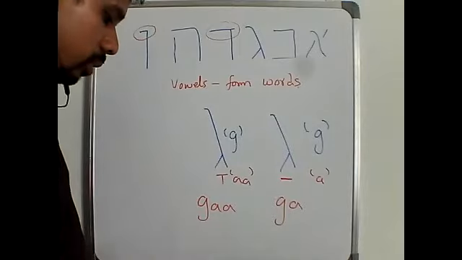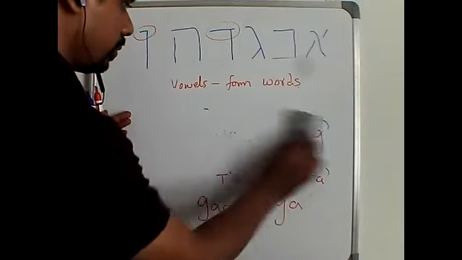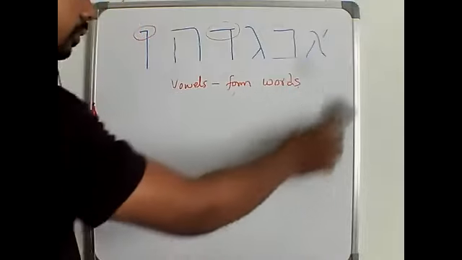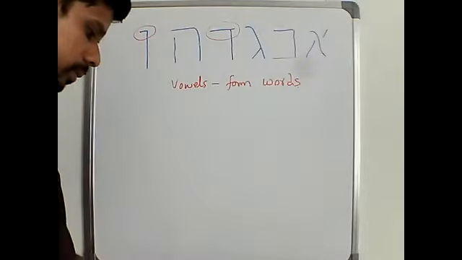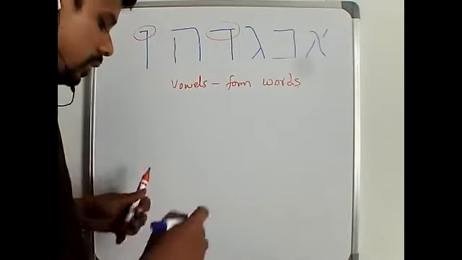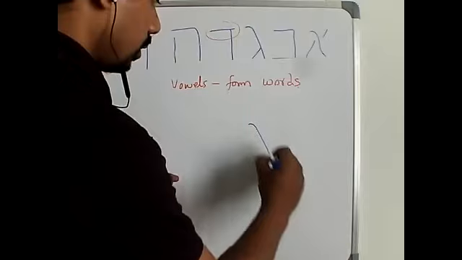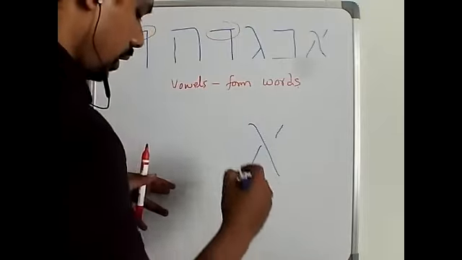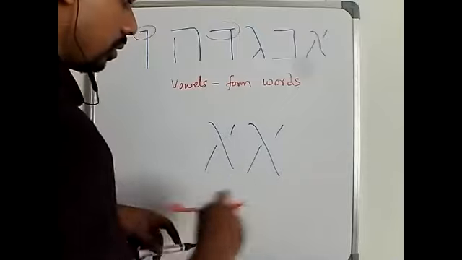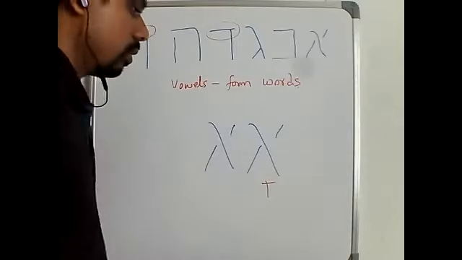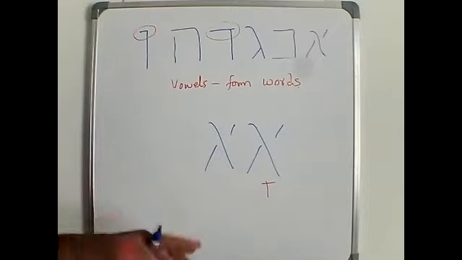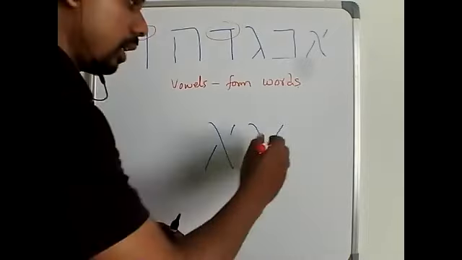Let me give you some more examples. I will also write some letters together. These are not actual letters, but for example, Aleph doesn't have any sound.